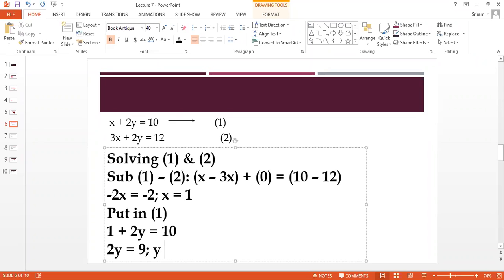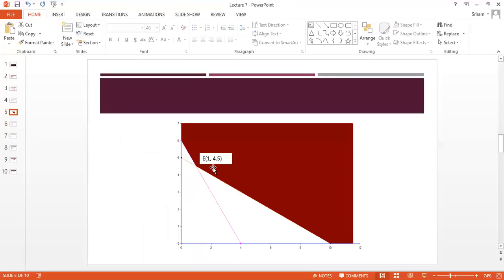So y is equal to 9 divided by 2. Using the calculator, the value of y is 4.5. So the value of E is 1 comma 4.5.